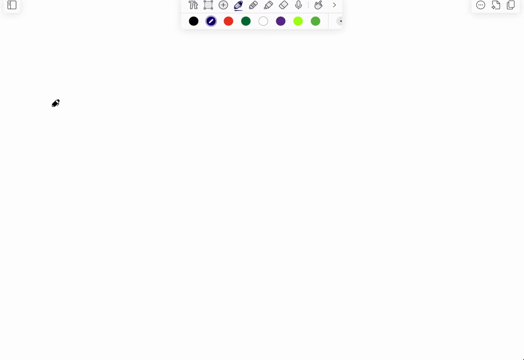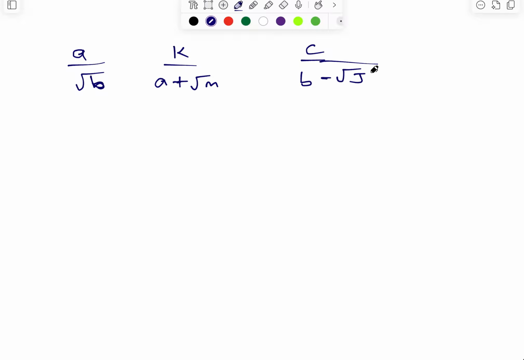Whenever you have a surdic expression and you have it in fraction form, so for instance, you have, let's say, something of the form a divided by root b, or you have something of the form k divided by a plus root m, or you have something of the form c divided by b minus root j.